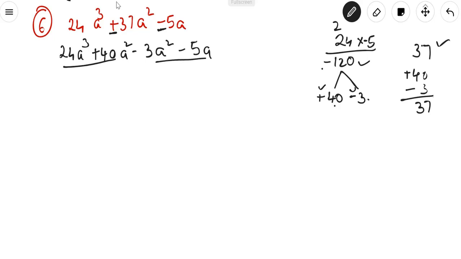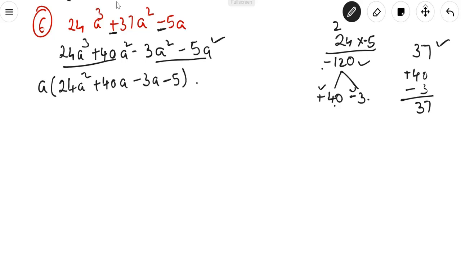If you want, I can keep it like this only, or you can take a common. So I'll take a common here: 24a square plus 40a minus 3a, and this becomes minus 5.